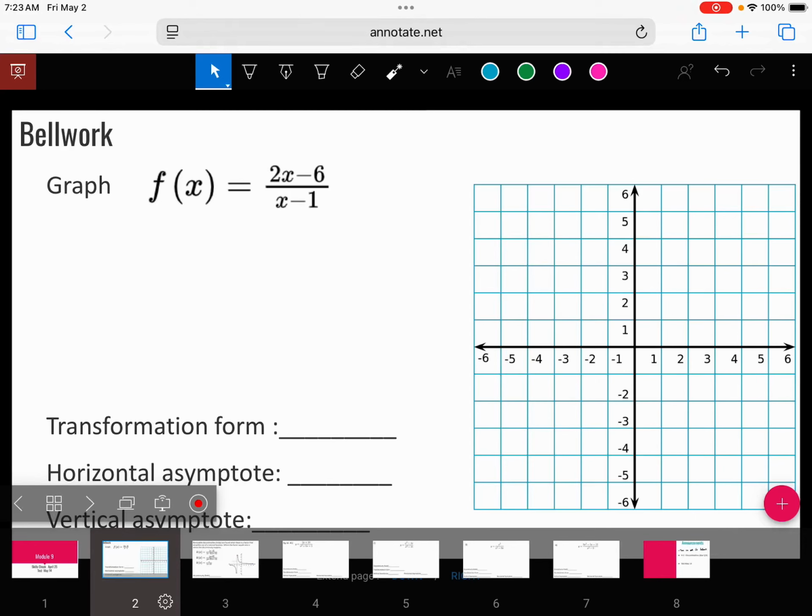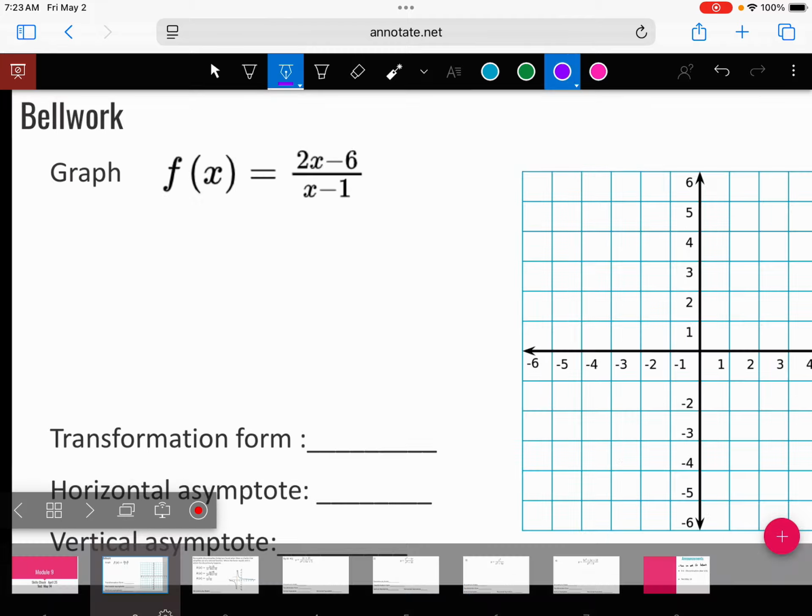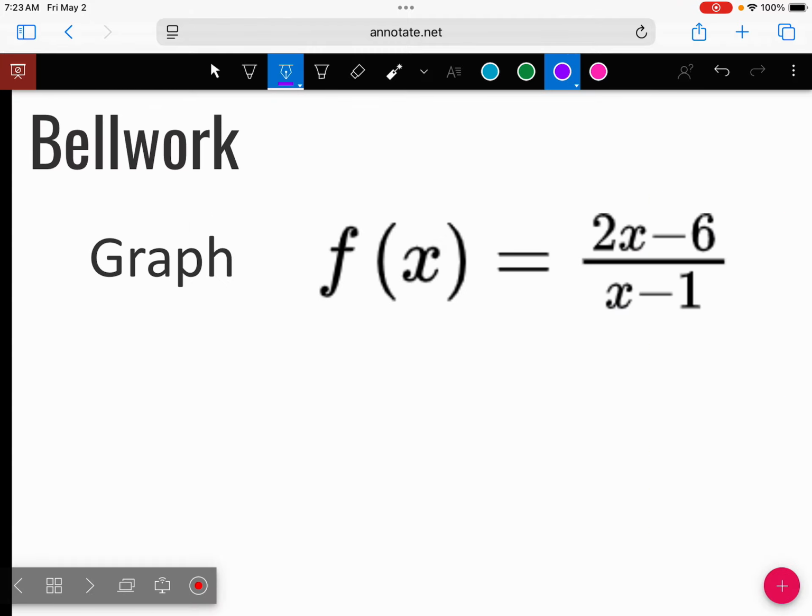We need to divide because I can't graph it as it is. So we need to divide this, meaning I'm going to take my x minus 1 and divide it into our 2x minus 6.